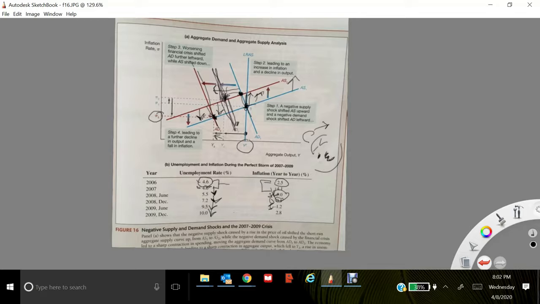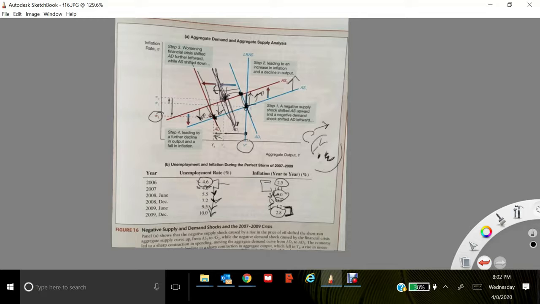So, I guess this higher inflation rate here, the increase in inflation here, we'll leave that for further historical research as to what caused that.